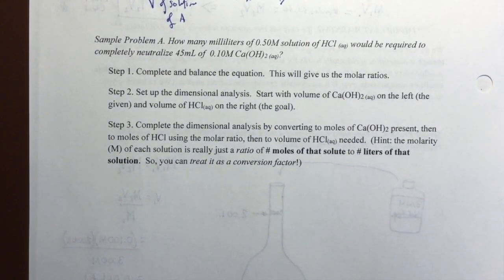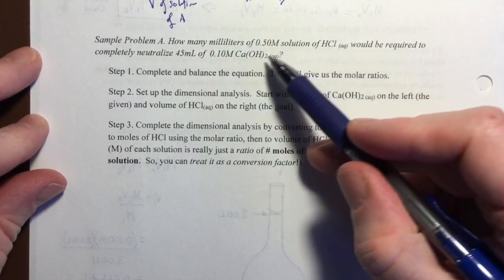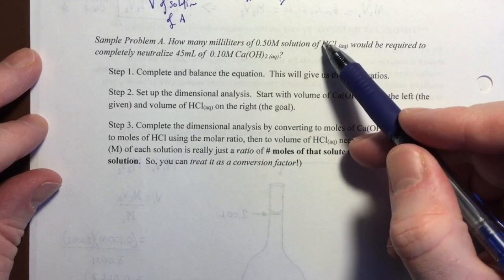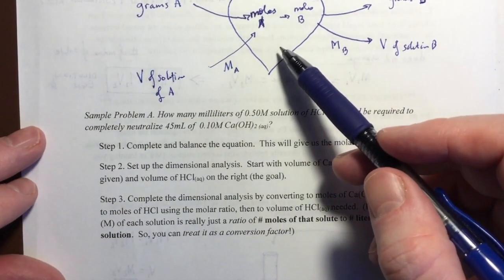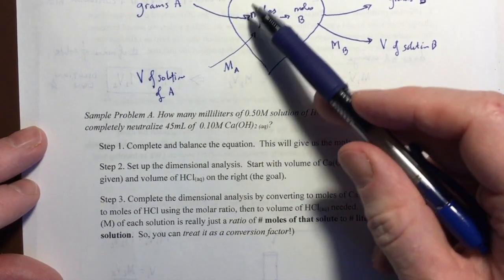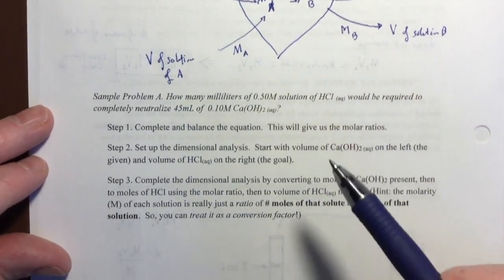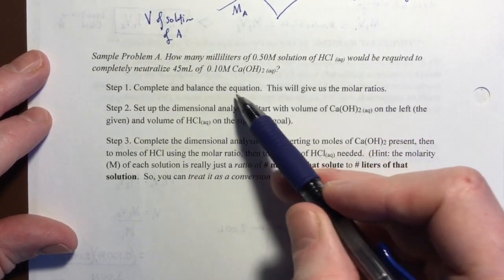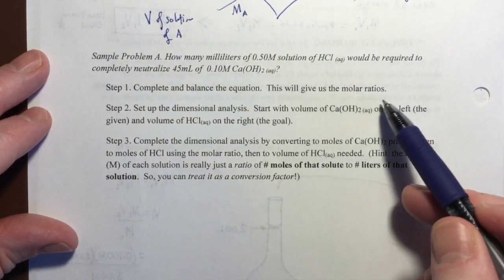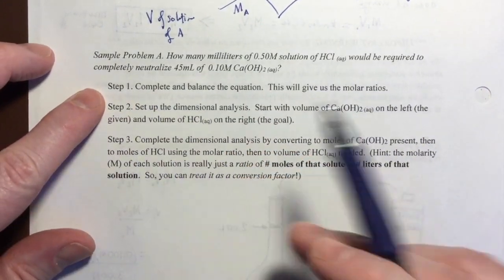Since it is a stoichiometry problem, we know that there is a chemical reaction taking place, and we know that we're going to go through the heart of the stoichiometry solution, and that is a mole to mole conversion. So we know that we're going to have a completed and balanced equation, and that's going to give us the molar ratios. So let's do that first.